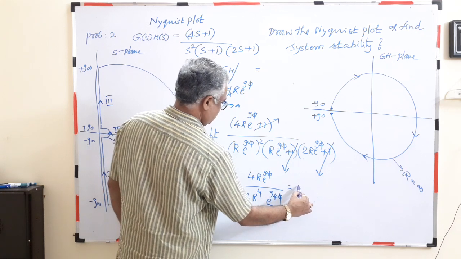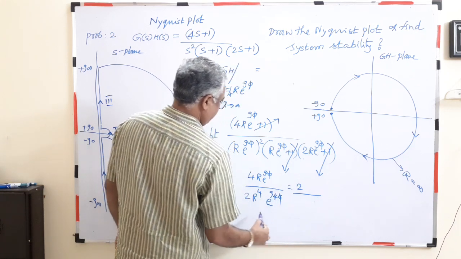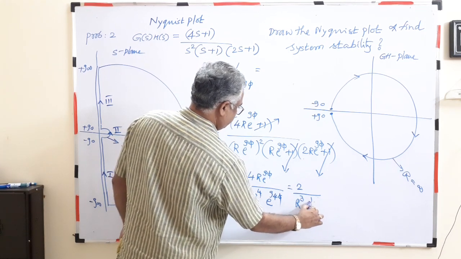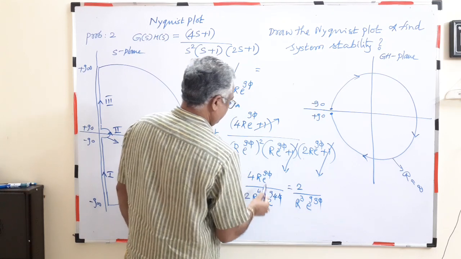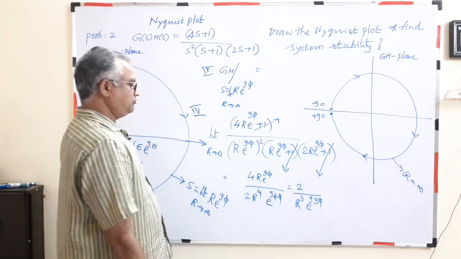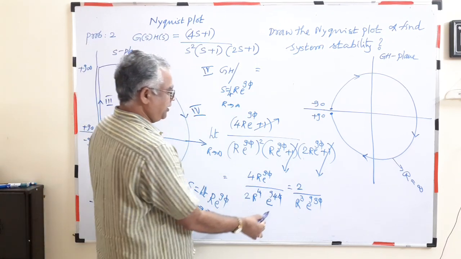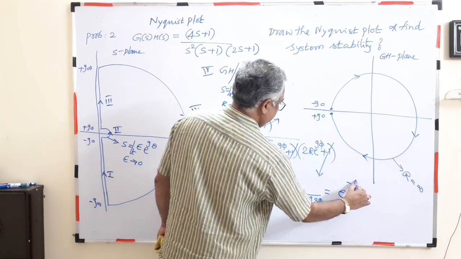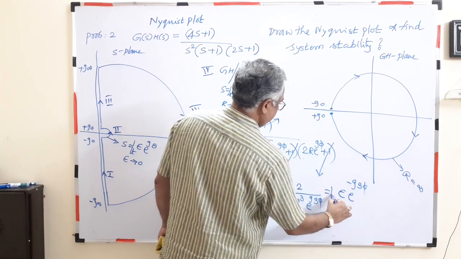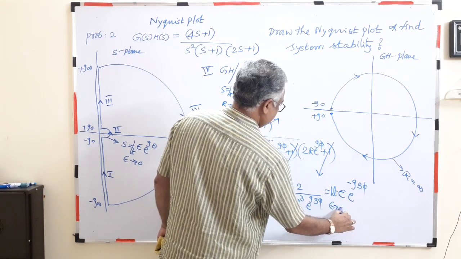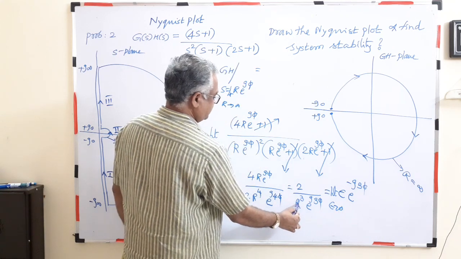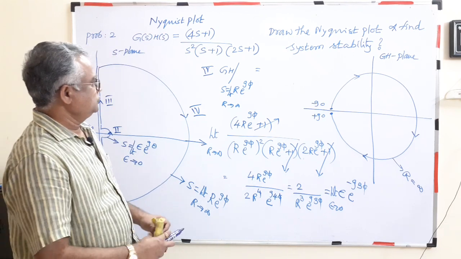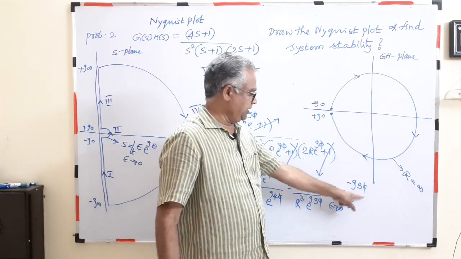You will get 2 by R cube e power j 3 phi. One j phi cancels. But here R tends to infinite. Therefore it will become epsilon e power minus j 3 phi, limit epsilon tends to 0. When the denominator R tends to infinite, it will become epsilon tends to 0. So carefully do this simplification, you will get this.